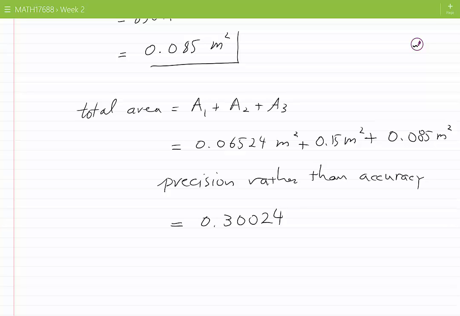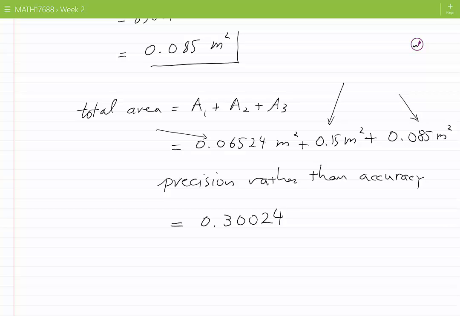To determine how many of these decimal places are reliable, we need to look at the decimal places of the original numbers. The first number is precise to 5 decimal places. The second number is precise to 2 decimal places. And the third number is precise to 3 decimal places.